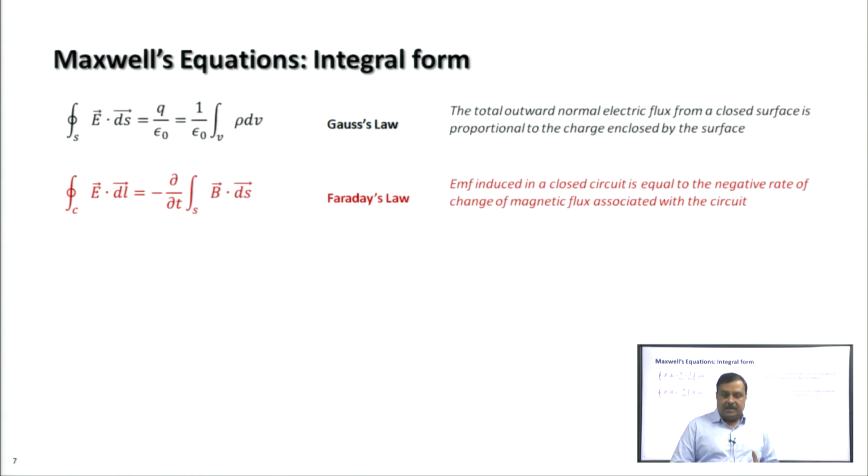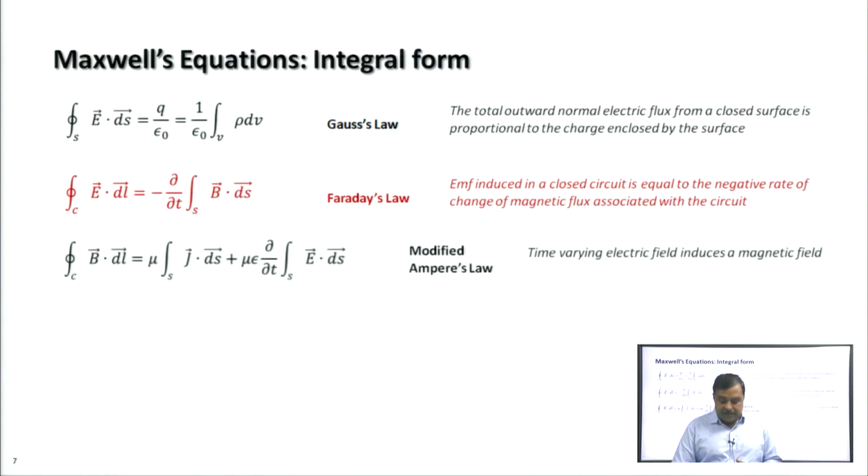Electric field is integrated over a closed circuit, and magnetic field is integrated over the surface which is enclosed by the closed circuit. So, what does this equation represent? We have already said many times earlier, this shows that induced EMF in the closed circuit is equal to rate of change of magnetic flux associated with the circuit.